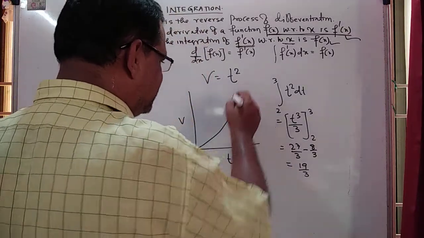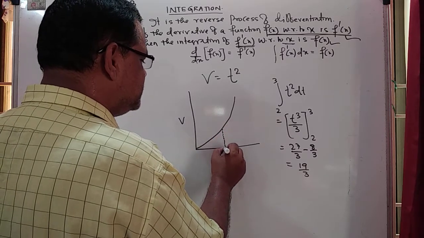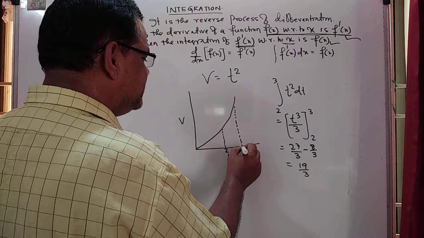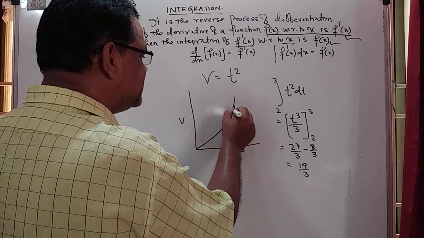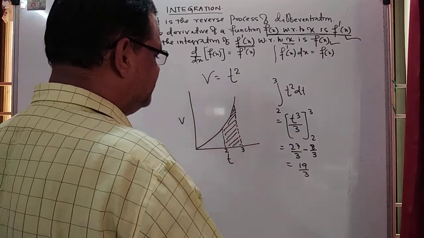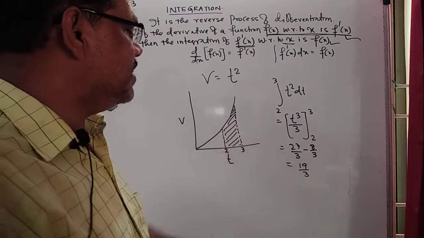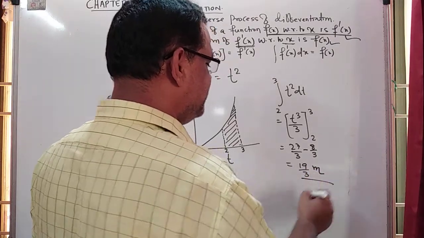If you plot the graph like that, this is 2 and this is 3. From 2 to 3, what is the distance traveled by the object? The distance traveled by the object is the area under this graph. If you take the area of this graph, you get the distance equal to 19 by 3 meter.